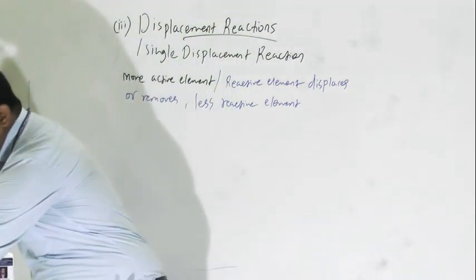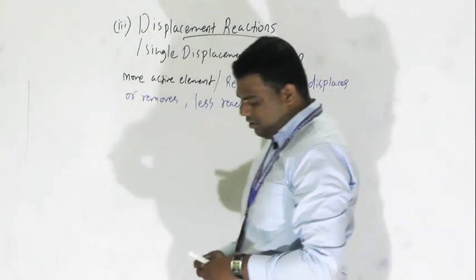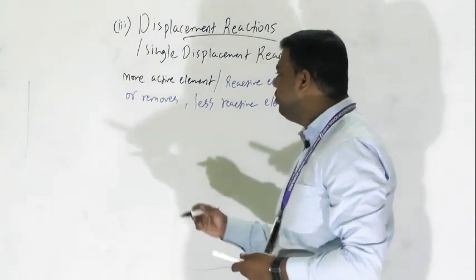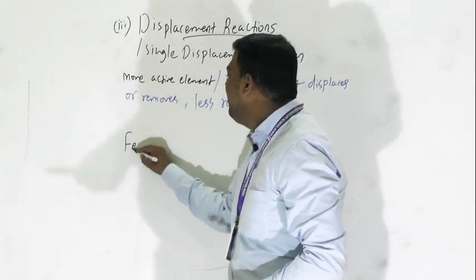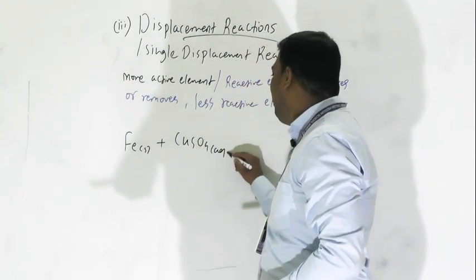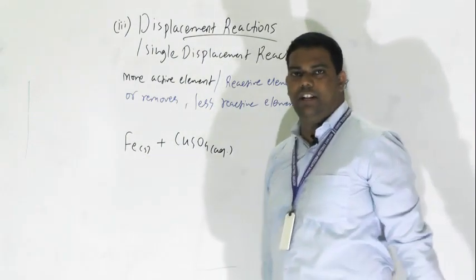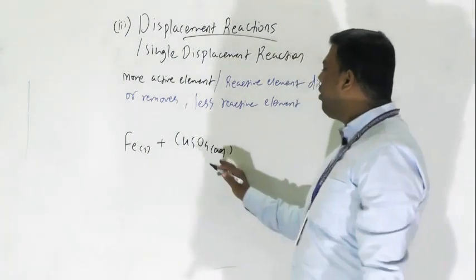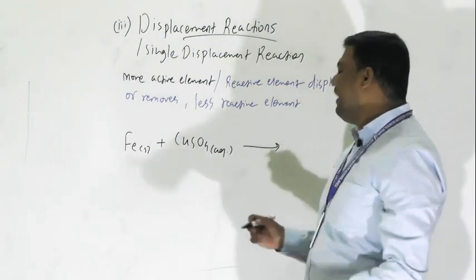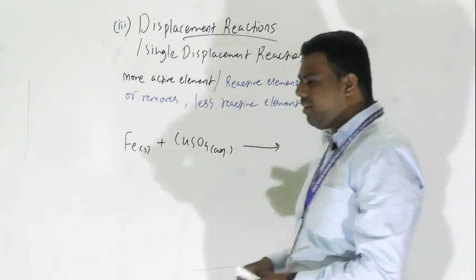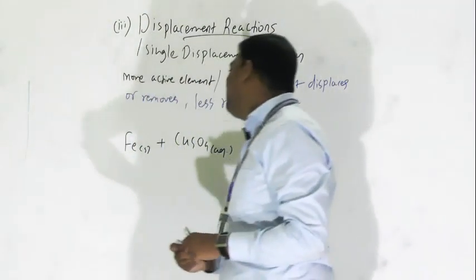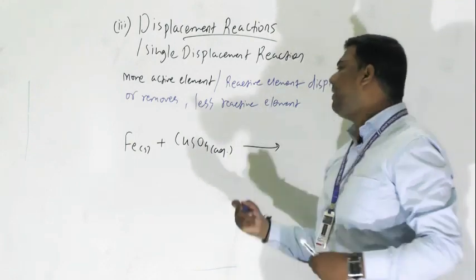Very much important here. We will observe these examples many times in our lab also. So see here, iron solid plus copper sulfate aqueous. Your iron solid, whether it is an iron nail, and copper sulfate aqueous, because we are preparing a solution of that. So here is the displacement of copper by iron.